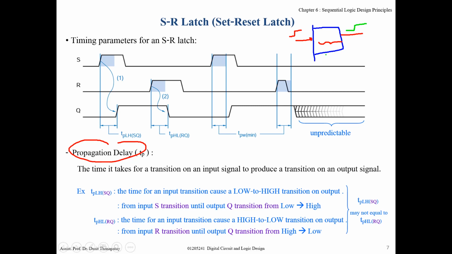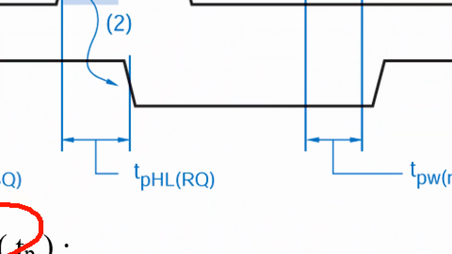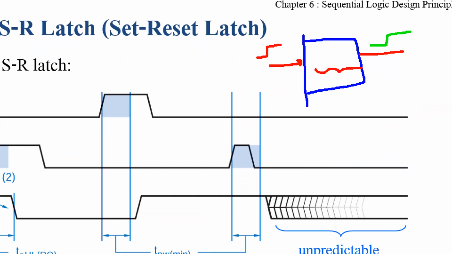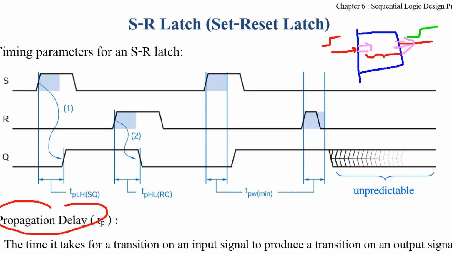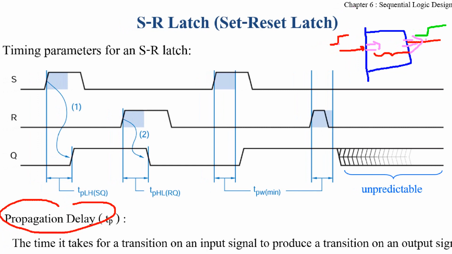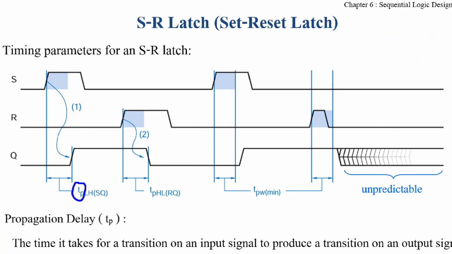It's like the traveling time from the input terminal to the output terminal. You can observe it by the change of the input value and output value. For example, this input change makes output Q change. So it takes time, right? It takes time with this propagation delay.